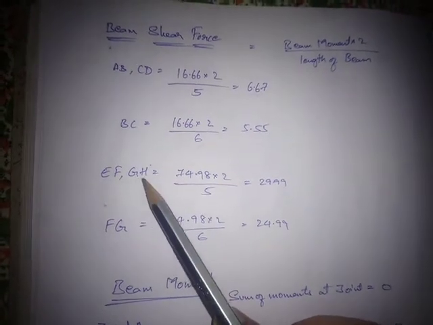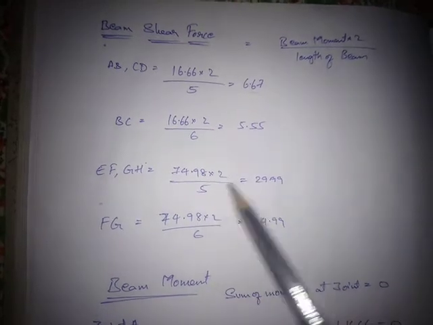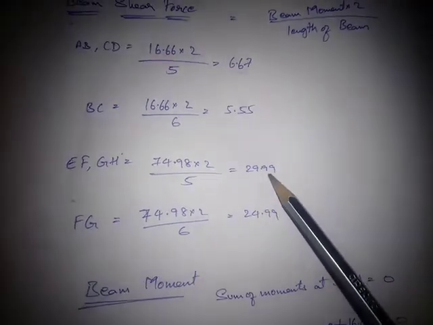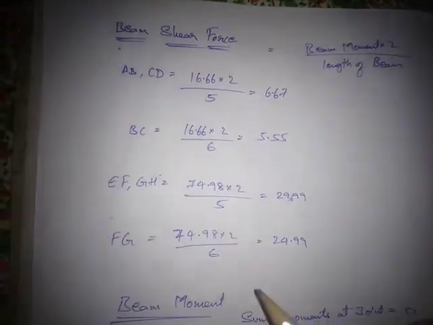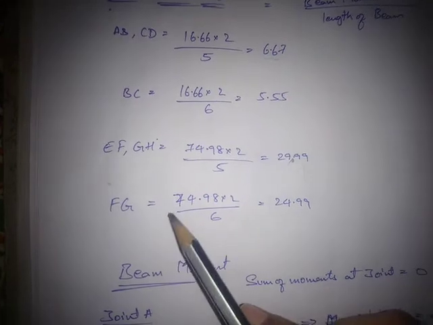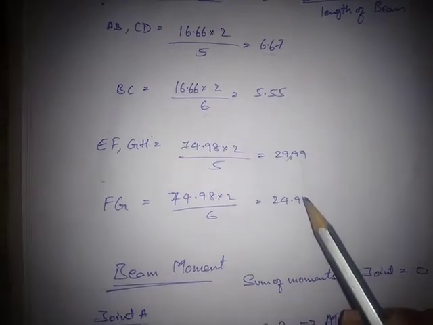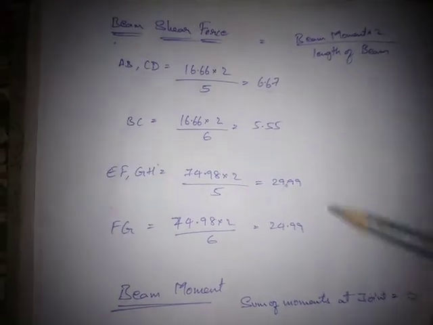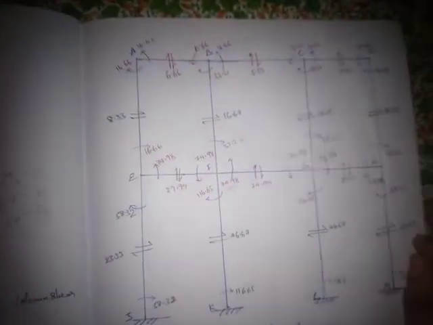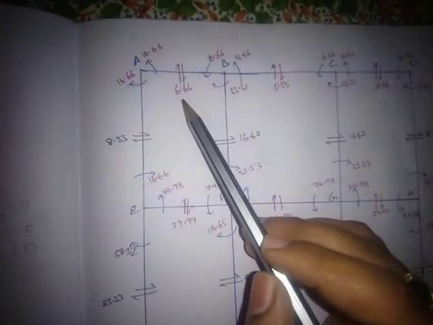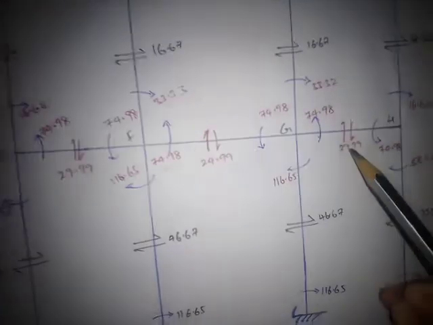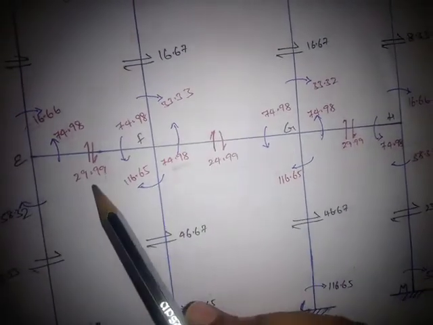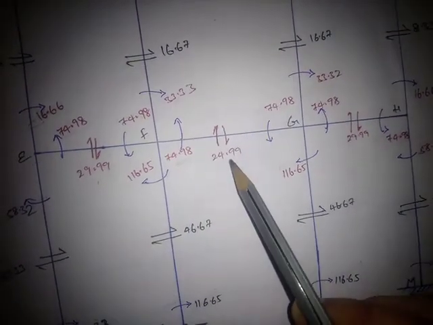EF and GH is 74.98 into 2 by 5, that is 29.99. Next FG is 74.98 into 2 by 6, that is 24.99. From this we will calculate the column shears, and we are representing them here: 6.66, 5.55, 6.66, and 29.99 and 29.99 over here and 24.99 over here.